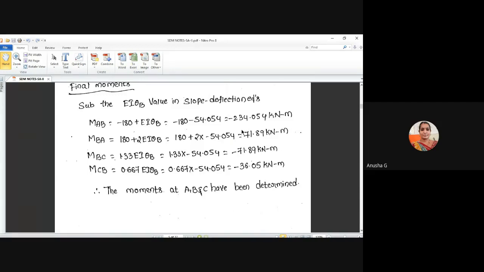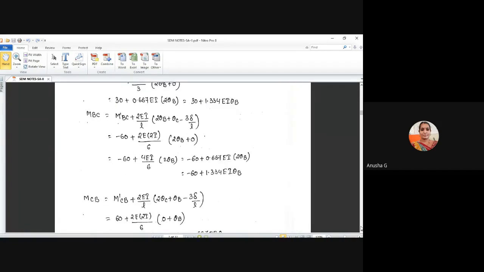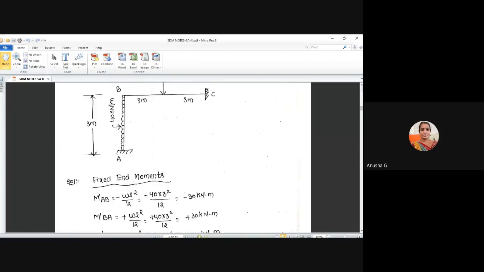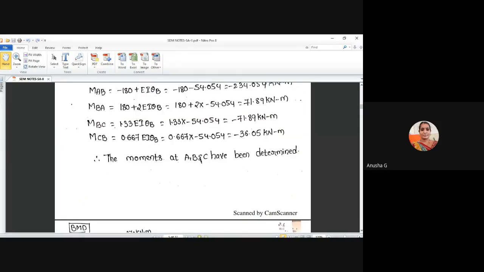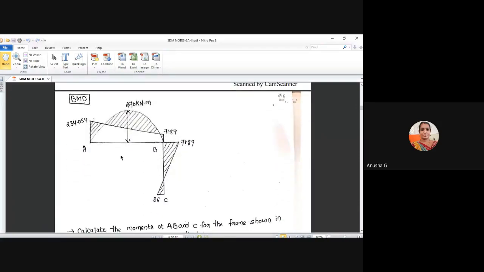Then draw the bending moment diagram. Bending moment diagram చూడండి మా. మీకు వచ్చిన MA, స్లోప్ డిఫ్లెక్షన్ లో వచ్చిన MA వచ్చేసరికి ఎంత వచ్చింది మా? Minus 234. Here you can observe this one, minus 234.